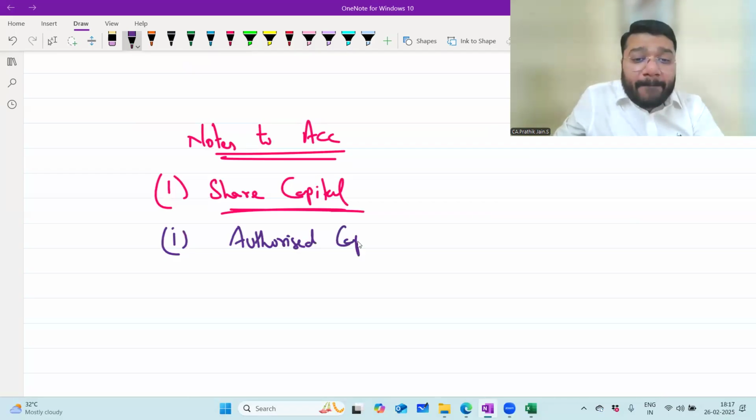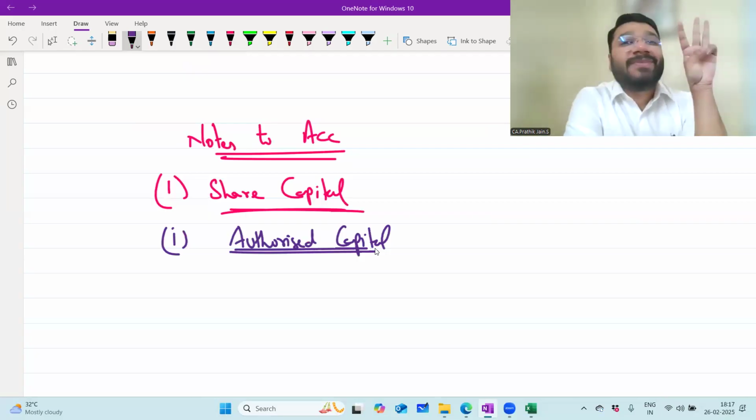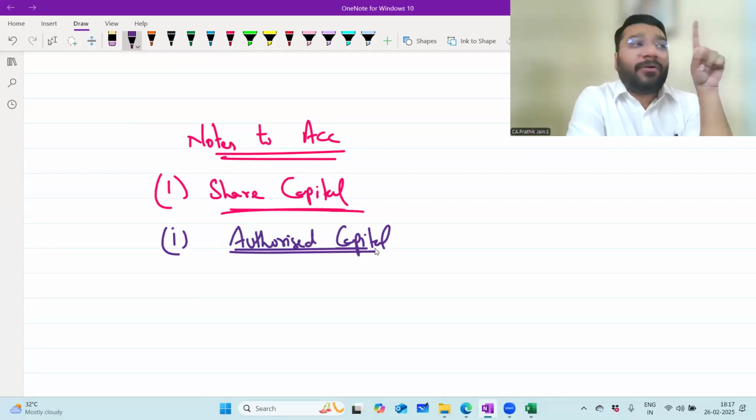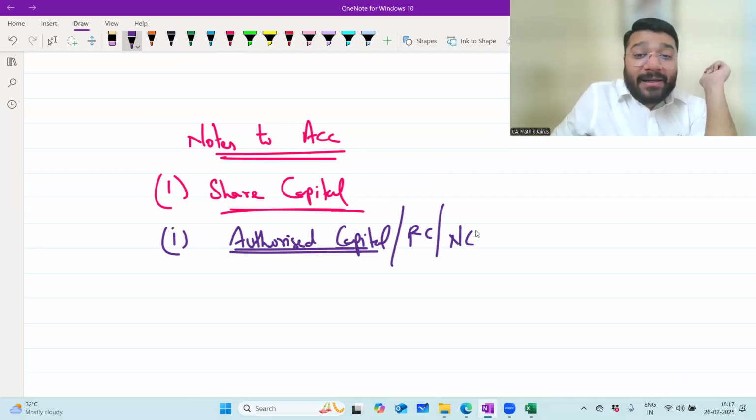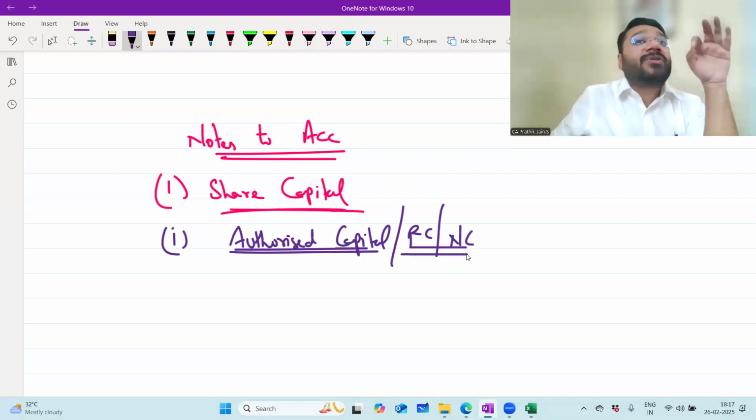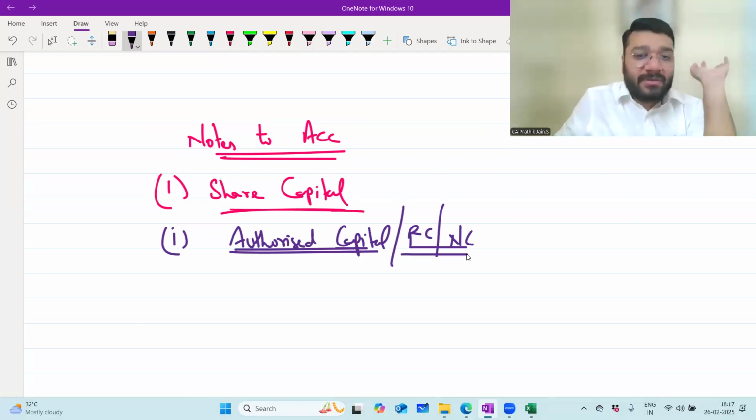Under that, 3 pieces of information need to be disclosed: quantity of shares, class of shares, and face value. Face value is also called nominal value. Authorized capital is also called registered capital or nominal capital. Authorized capital is the most frequently used name.